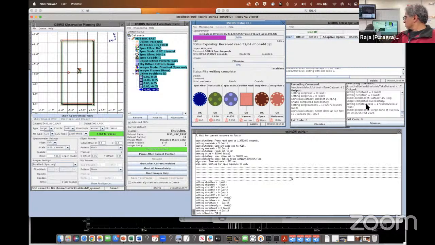My sky, 1 degree. It's mostly a change in RA, not much of a change in dec.